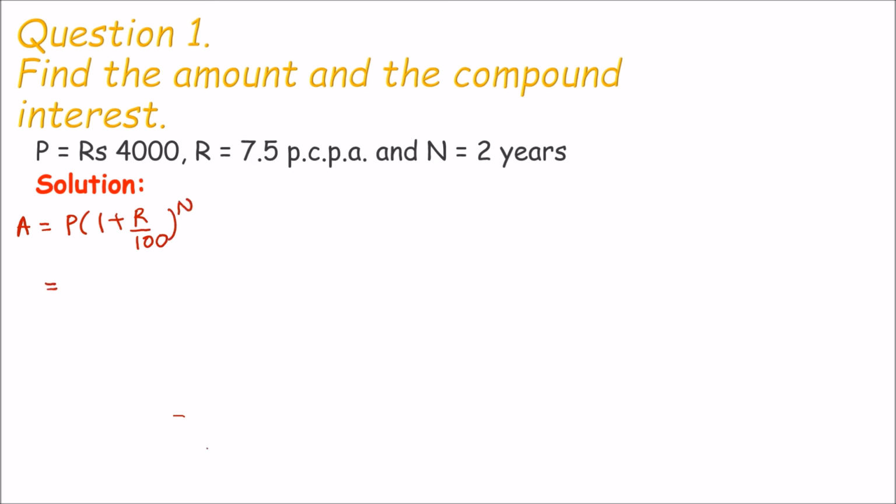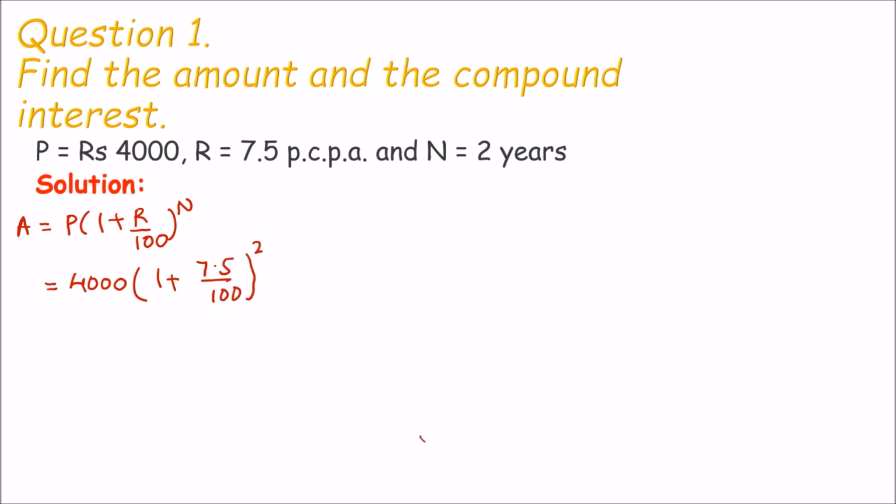Now in place of P we will write 4,000, 1 plus, in place of R we will write 7.5 upon 100 whole raised to n.